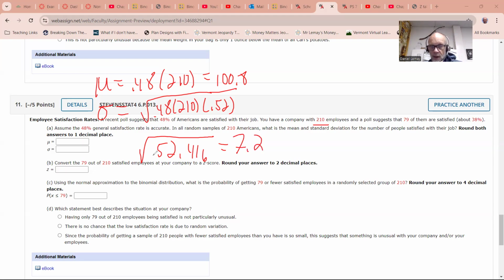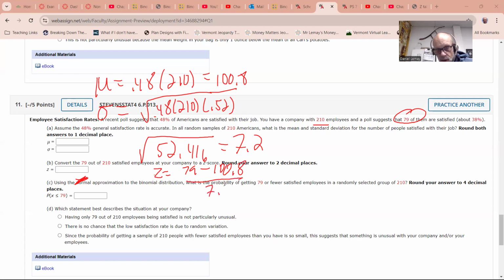Now we've got to do a little bit of work here. This isn't strictly David Lane, because they're asking us for a z-score. So remember, a z-score is based on the value we're interested in, which in this case is 79 of them being satisfied with their job. So that's our X. So Z equals 79 minus the mean of 100.8, and this is going to be a negative z-score, isn't it?